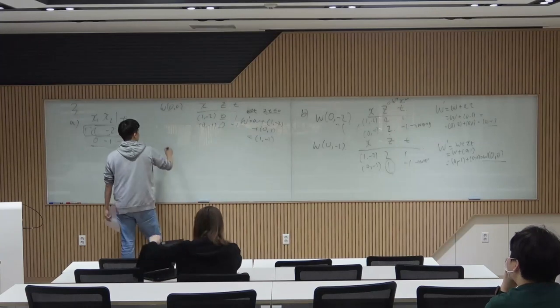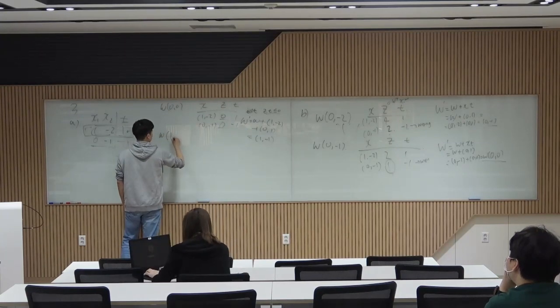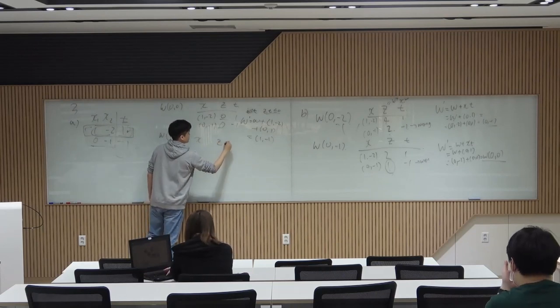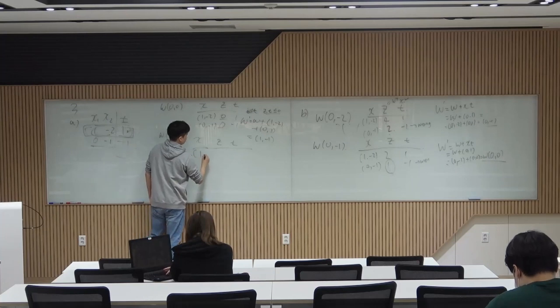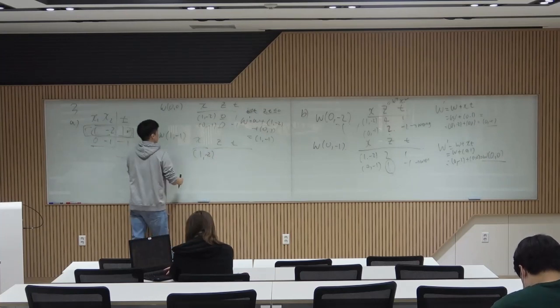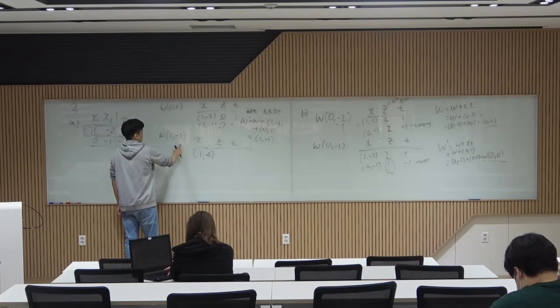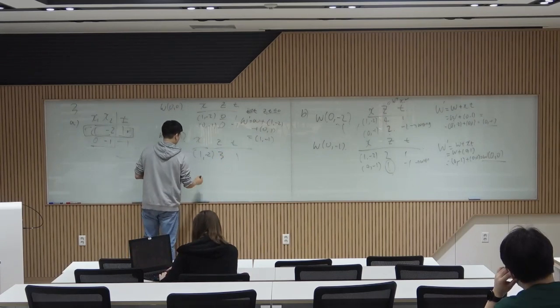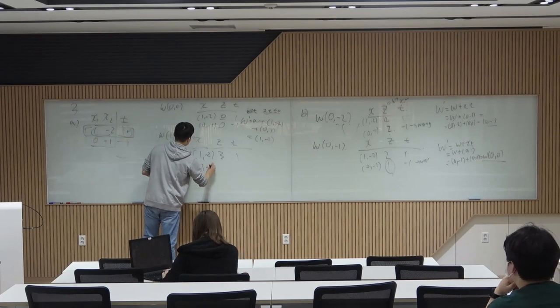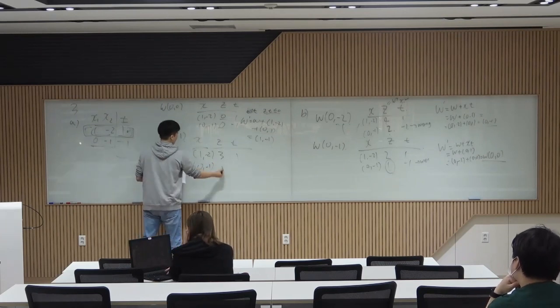So our next point is 1, negative 1, and we have x, z, t. So W^T x gives us 3 and 1, okay? And for 0, negative 1, this gives us 1.